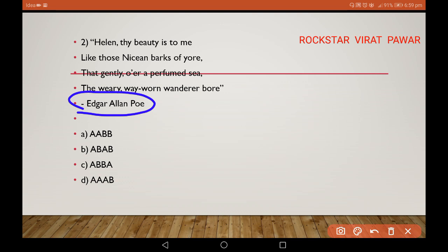See, "Helen, thy beauty is to me." For this we can write A, because me and yore are not a rhyming pair. So yore is another word, that's why I am writing B here. Yore and another is C, bore.